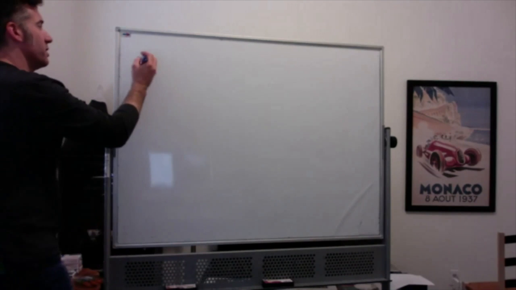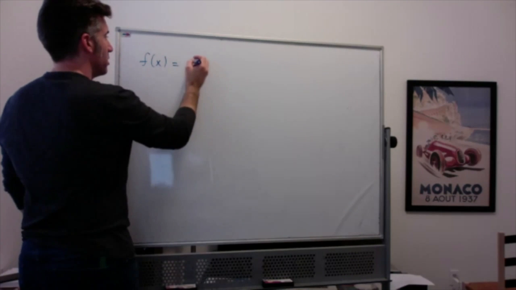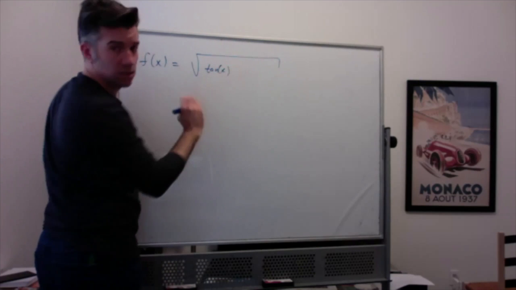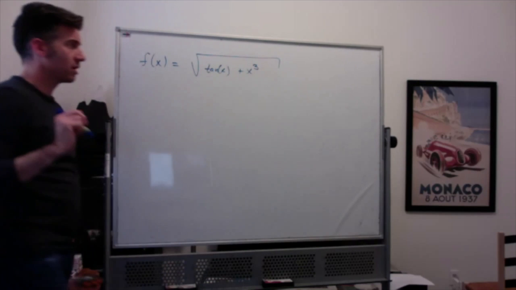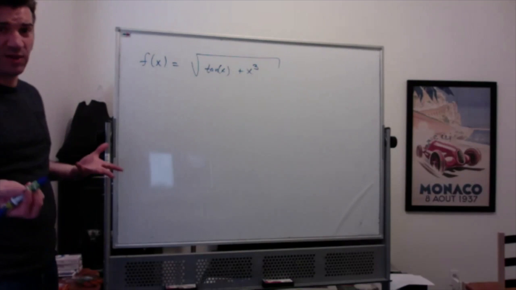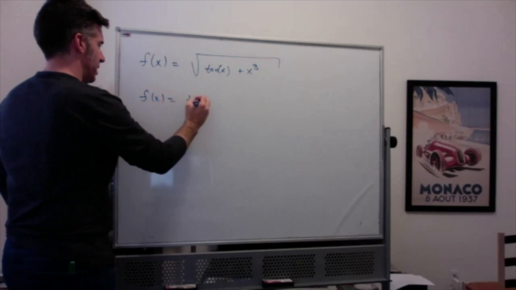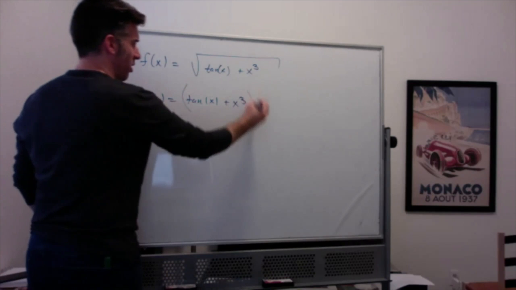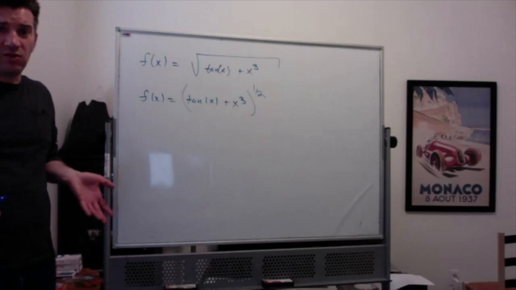So let's look at another example, like f of x equal to the square root of tangent of x plus x cubed. For this one, I really want to rewrite it as tangent of x plus x cubed all to the 1/2 power, so that now I can use the power rule.